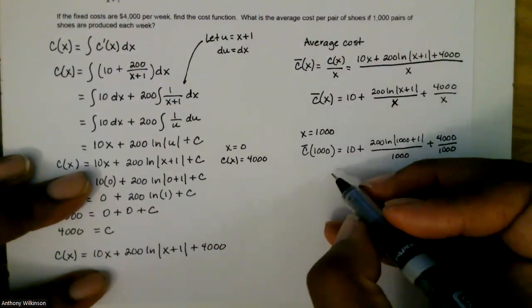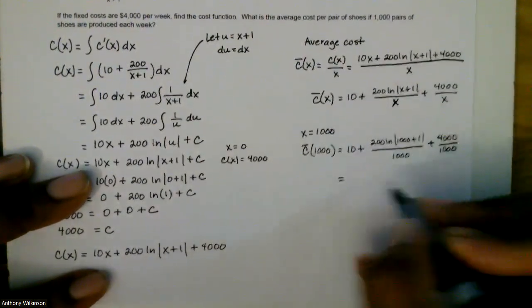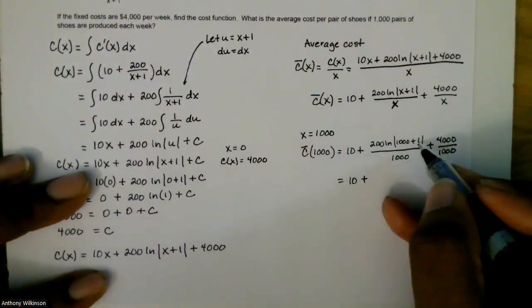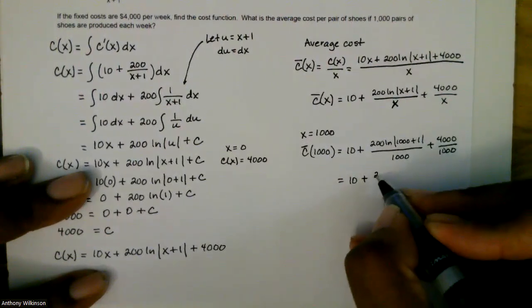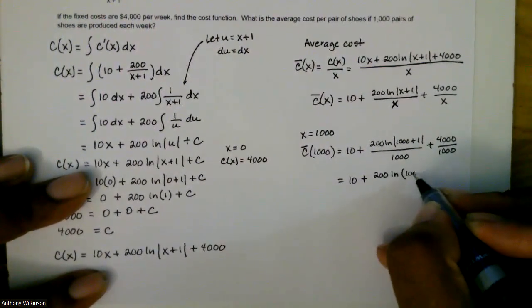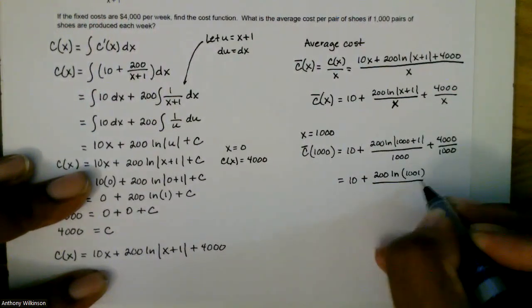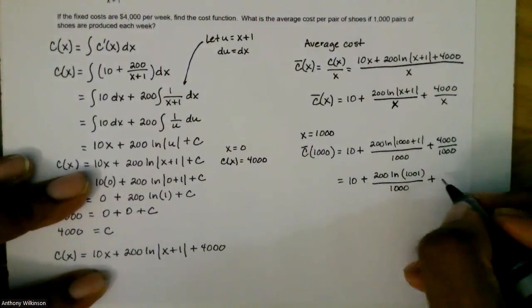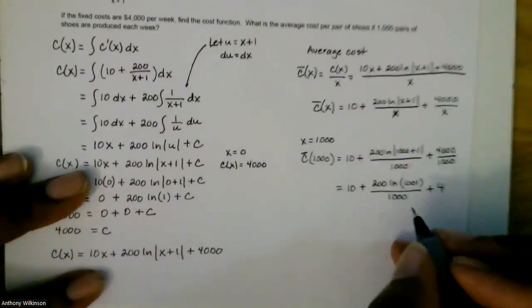Now let's go ahead and simplify some things with this expression. 1,000 plus 1 is 1,001, so that will be 200 ln of 1,001 divided by 1,000, plus 4,000 divided by 1,000 would be 4.